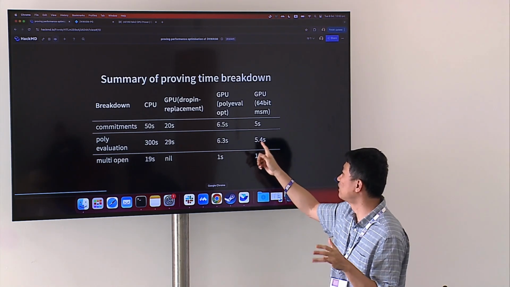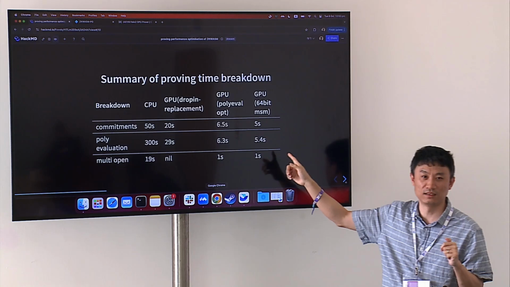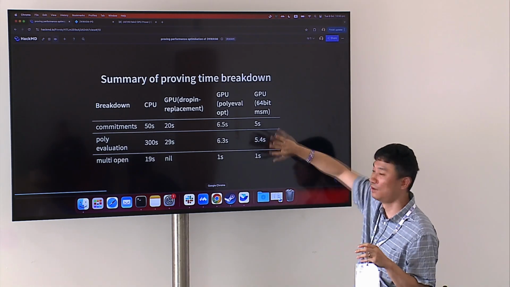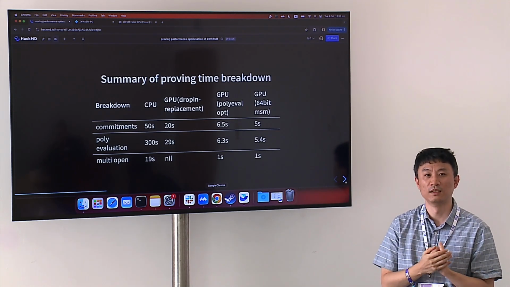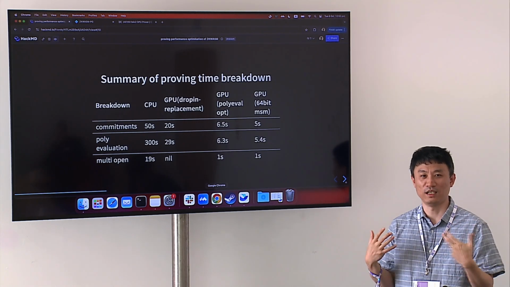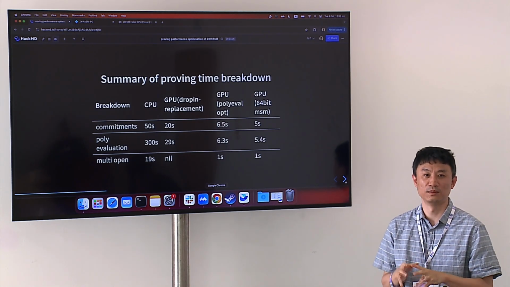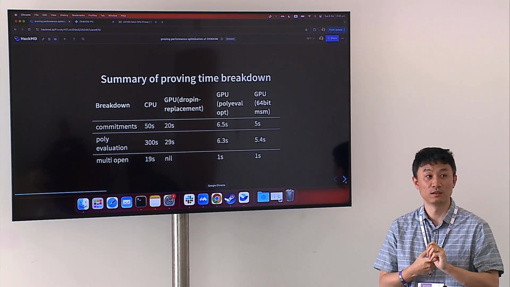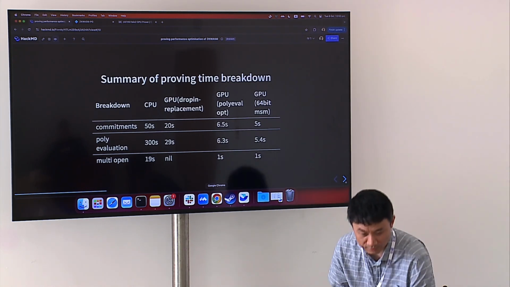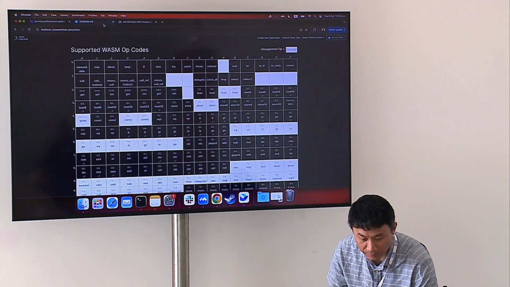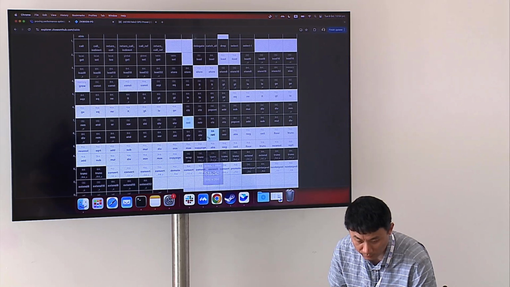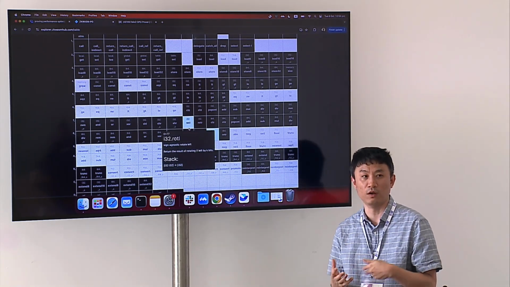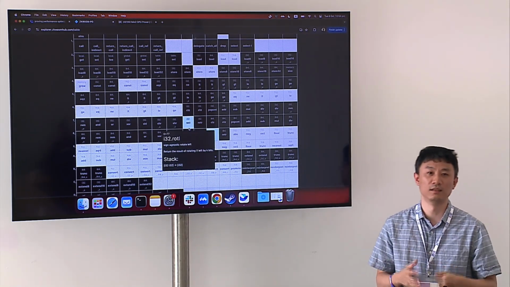So you get that shrink by 3 seconds. 3 seconds out of 12 is not very attractive to us because there are some instructions that cannot be very easily implemented in 32-bit. For example, U64 signed remainder, right?